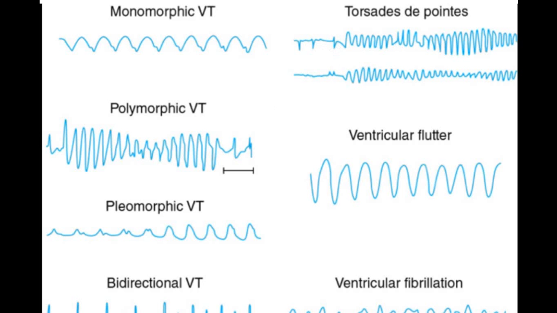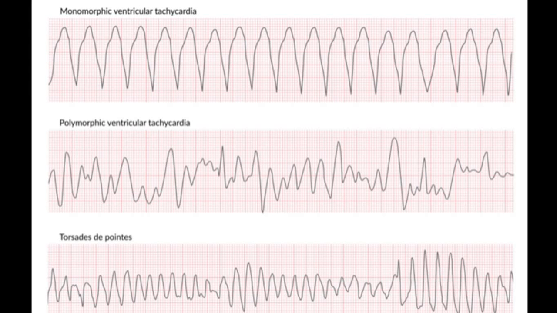The complex is having long QT, and then when it goes into a rate which is very high, we usually use a word more than 300, we use the word ventricular flutter, and when there are chaotic QRS complexes where you cannot identify QRS complex, we usually use the term ventricular fibrillation. So monomorphic, polymorphic, Torsades De Pointes, classical.